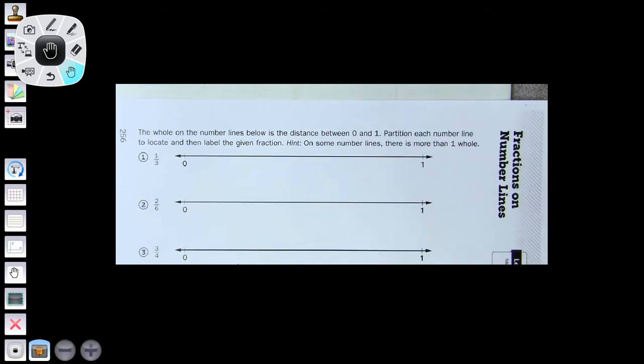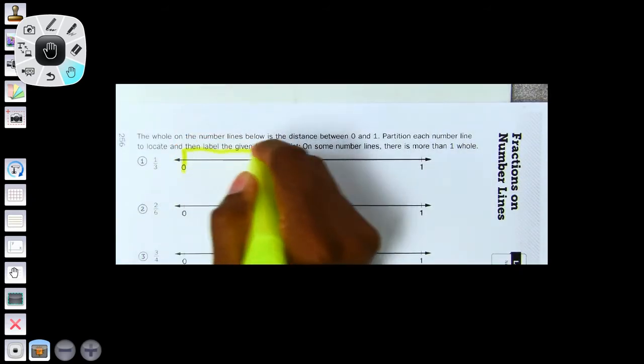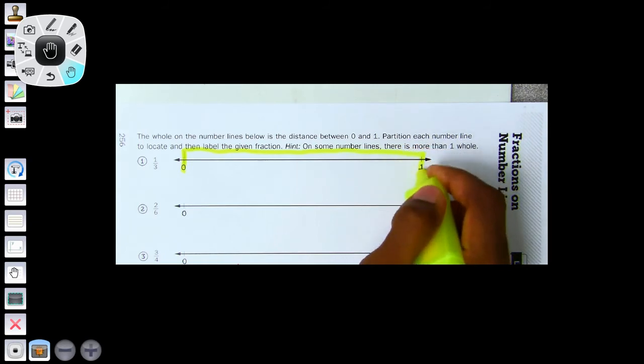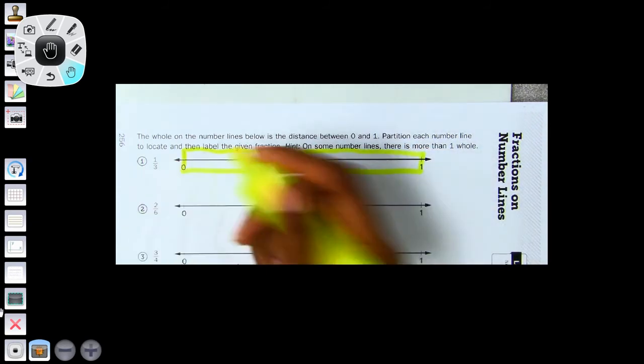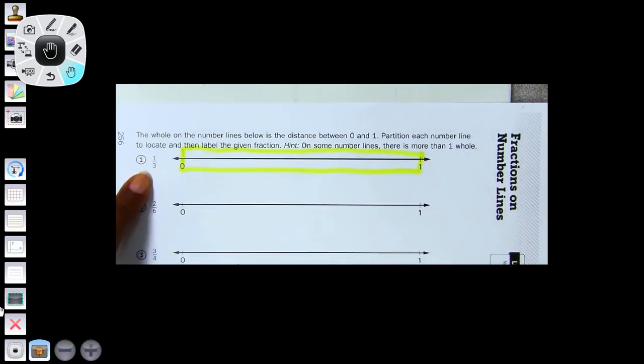So now, the very first thing I want to do is identify my wholes on all of these number lines. And then I'll get started with where my fraction will fit. On this first one, the whole takes up the entire number line. Now it says I need to locate 1/3. That means I need to partition this into 3 equal parts.